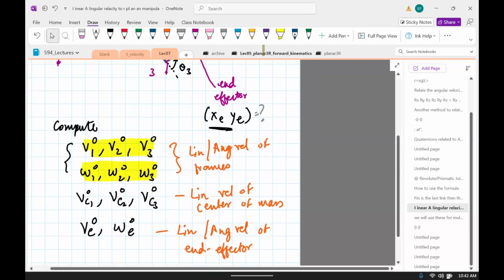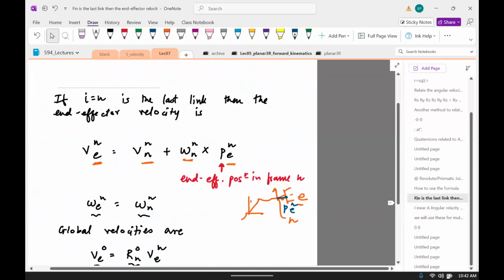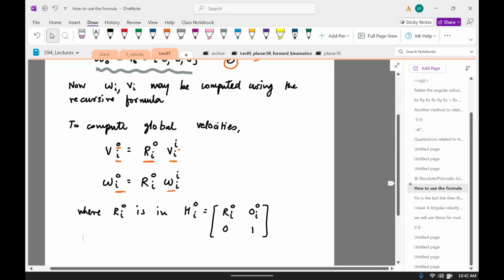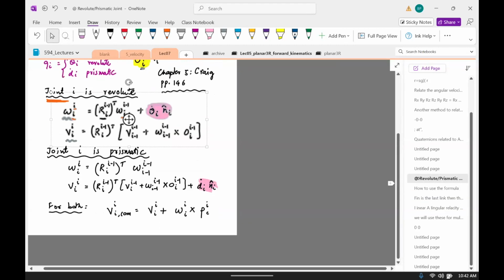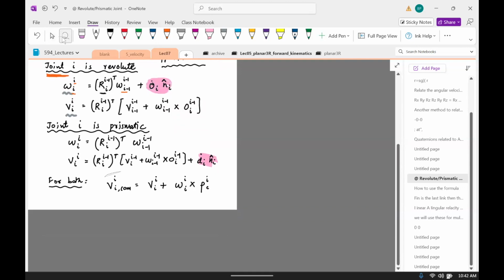Now let's move on to VC1, VC2, VC3. That would be the other formula I wrote down. So the formula is right here.